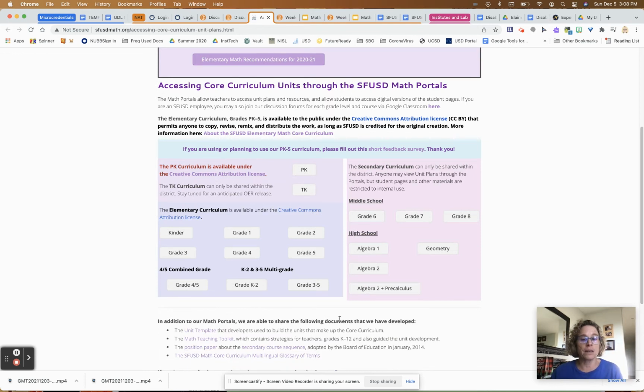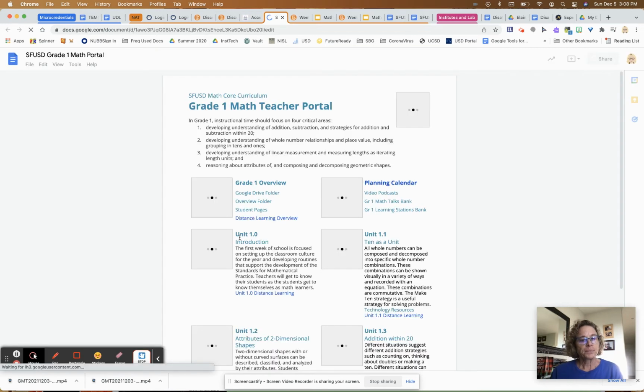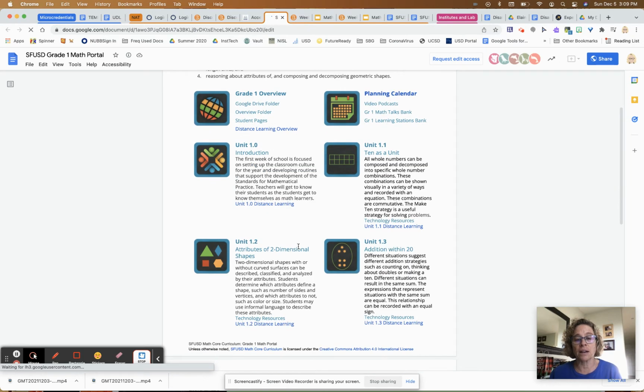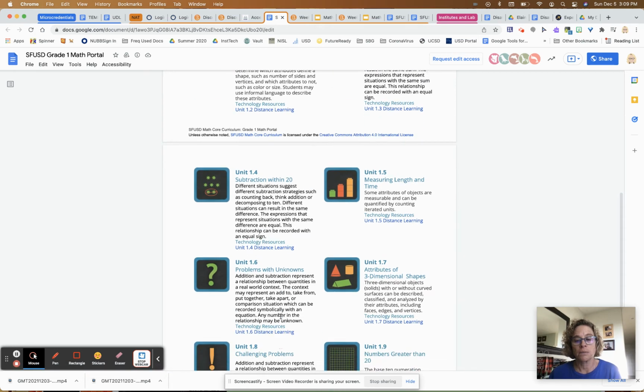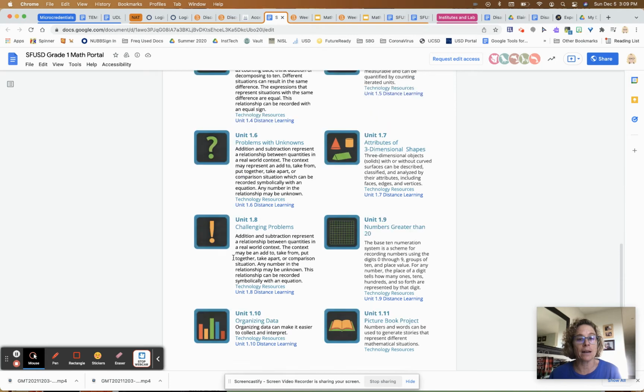So let's say I was first grade. I might start with first grade, and then you'll notice here that I can click on where I'll look for the topic that my group is within. Maybe we're focusing on organizing data or something.